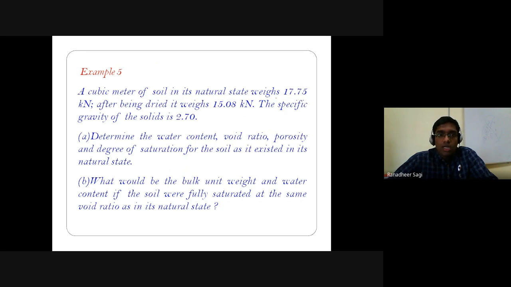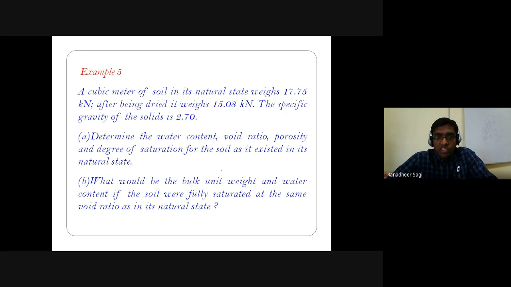And after being dried, the weight of the soil comes out to be 15.08 kilonewton. So the weight of the moist soil is 17.75 kilonewton, and the weight of the dry soil is 15.08 kilonewton.